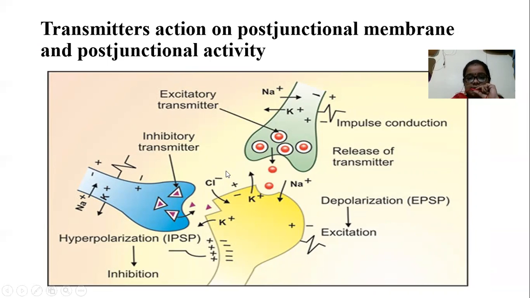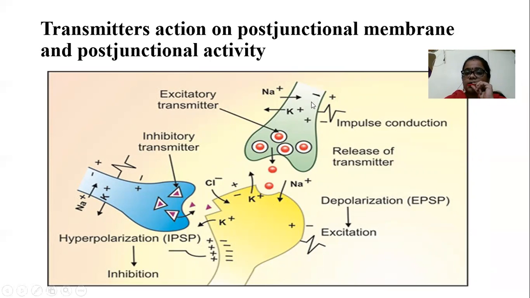So the first thing is impulse conduction. Okay, in neurohumoral transmission, the first thing is impulse conduction, meaning production of action potential. After getting the action potential, it will arrive at the synaptic nerve terminal.